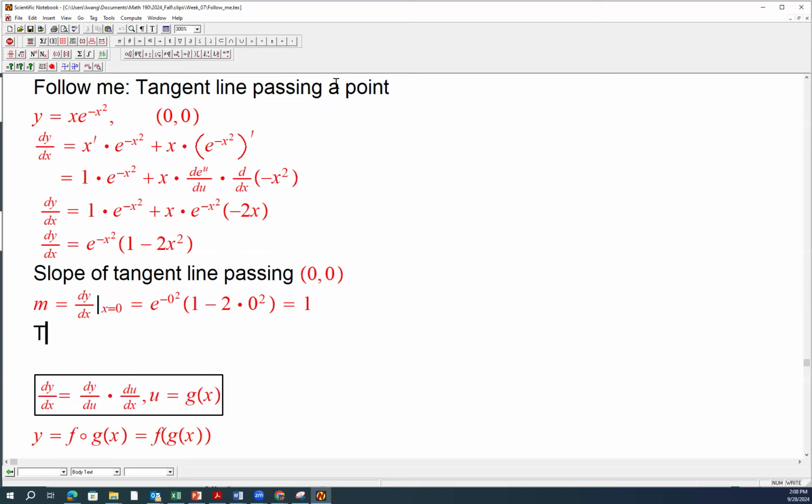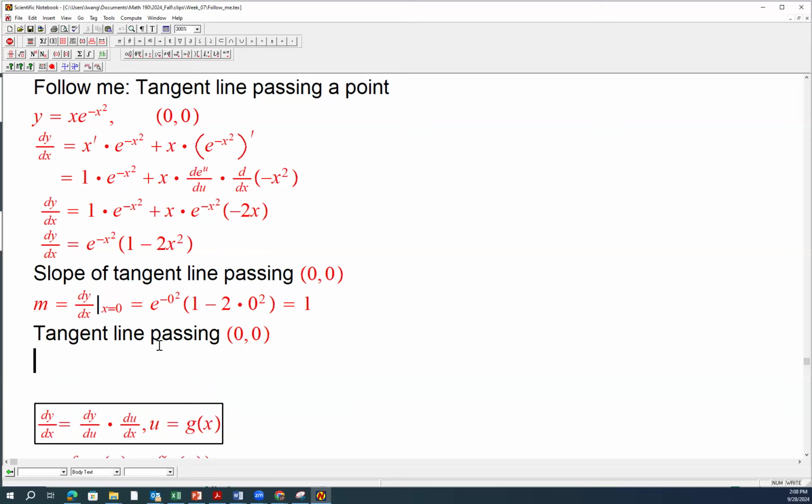And the tangent line passing the point 0, 0 is going to be y minus 0 equals 1 times x minus 0.